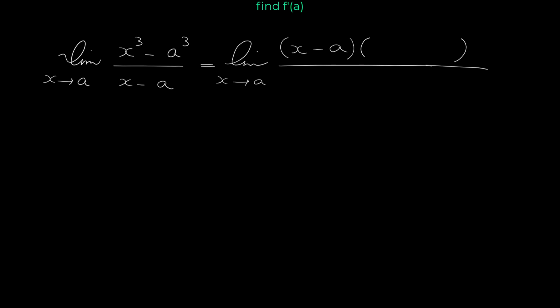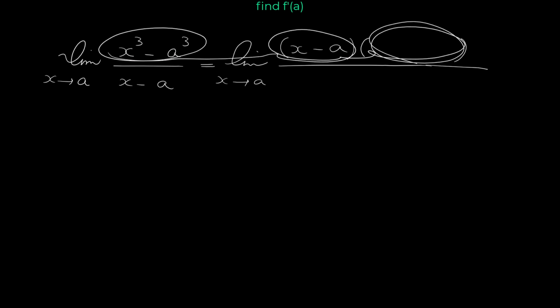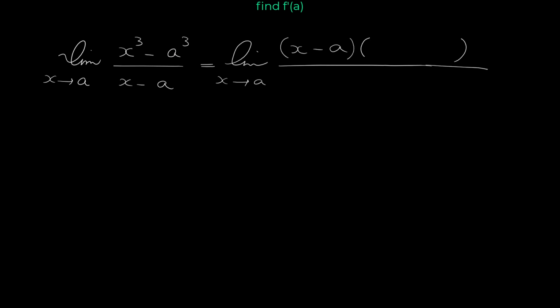Now that we have one of the factors of x to the 3 minus a to the 3, you can simply do long division for finding the other factor. You have to divide x to the 3 minus a to the 3 by x minus a to find the other factor. Or you can use synthetic division.